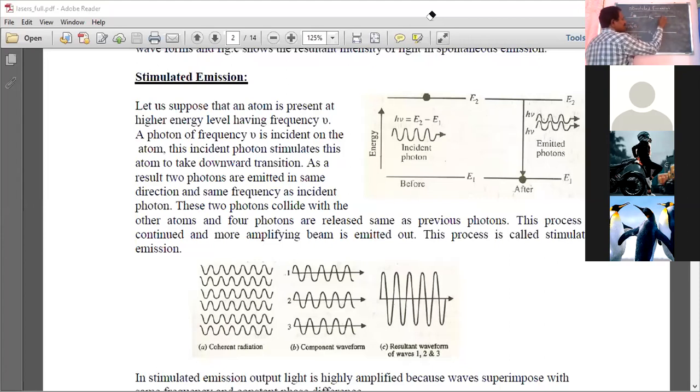Now this atom releases energy. Both photons, h nu and h nu, are released, and it comes down to the ground state, that is A.